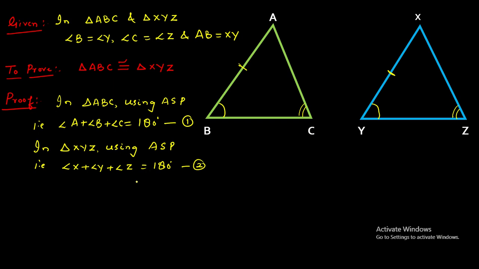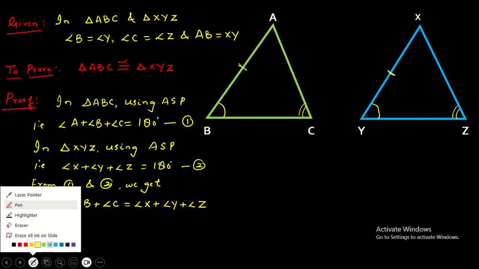And we know from axiom 1 that when two things are equal to the same thing, they are equal to one another. Therefore, from first and second, we get angle A plus angle B plus angle C is equal to angle X plus angle Y plus angle Z.